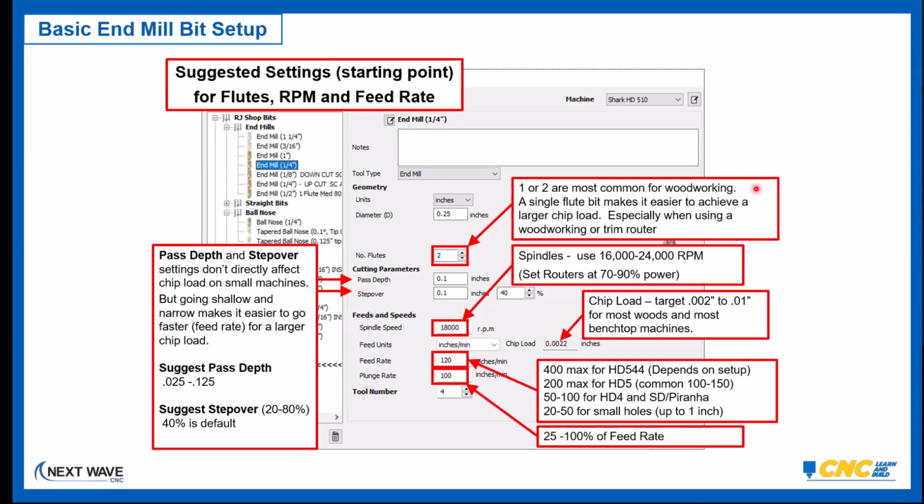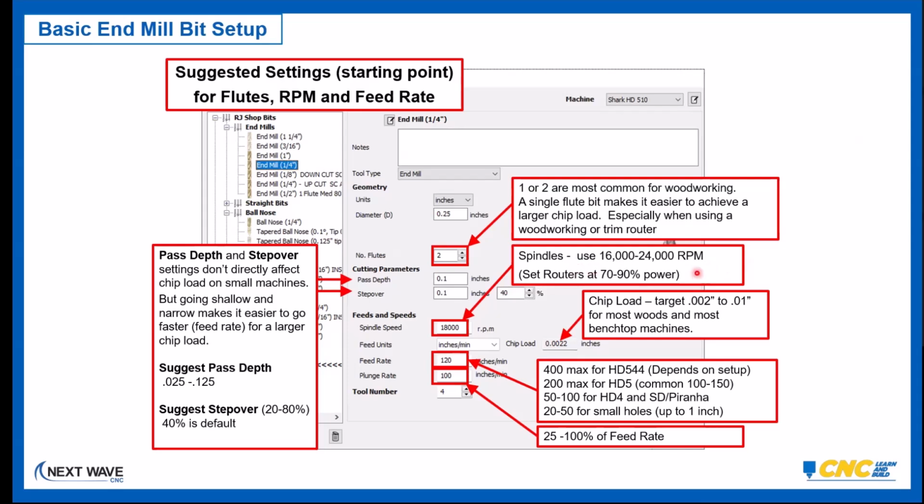It's hard to get those RPMs down low enough on a woodworking router to get a good chip load. And that's where, if you can run a 1 flute bit, it's really handy. I know you can't always, but there are some great single flute bits out there for like quarter-inch router bits.